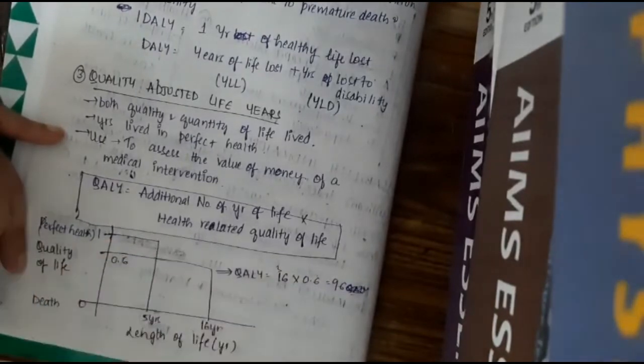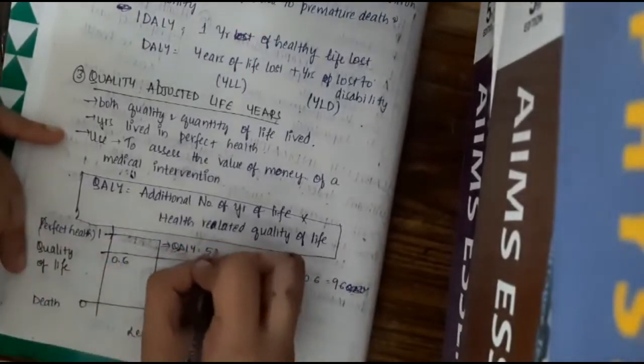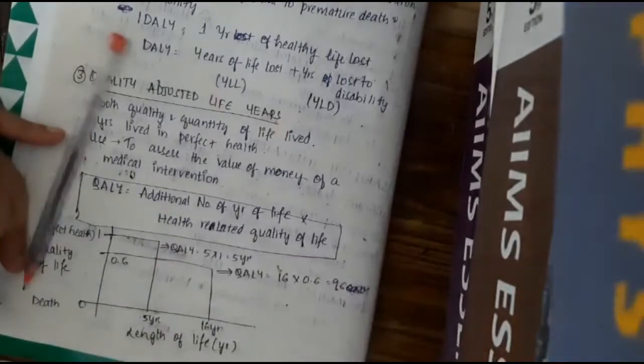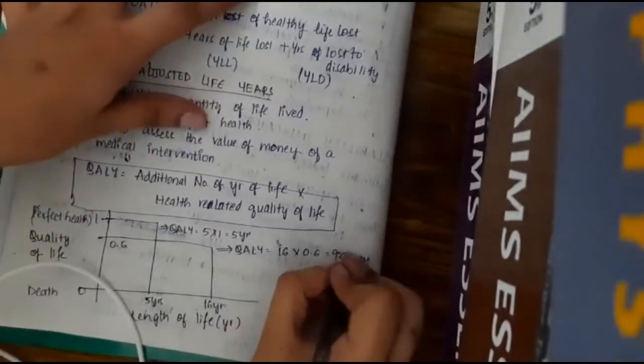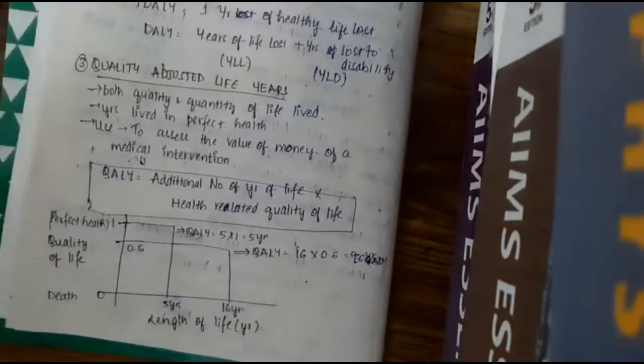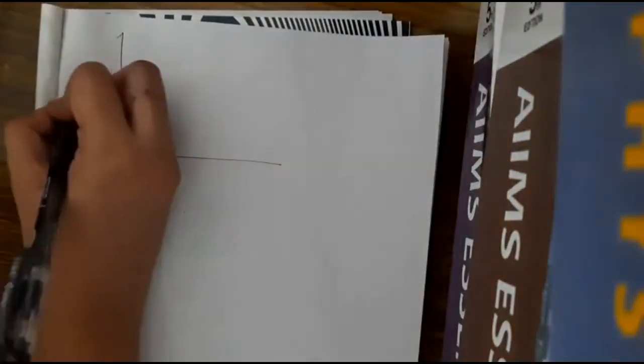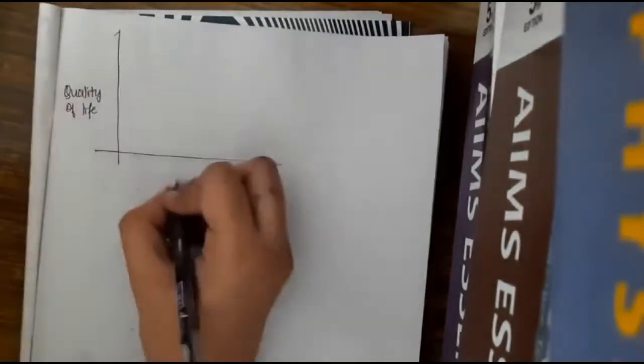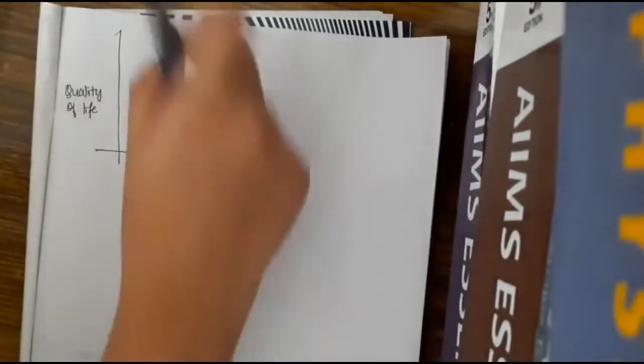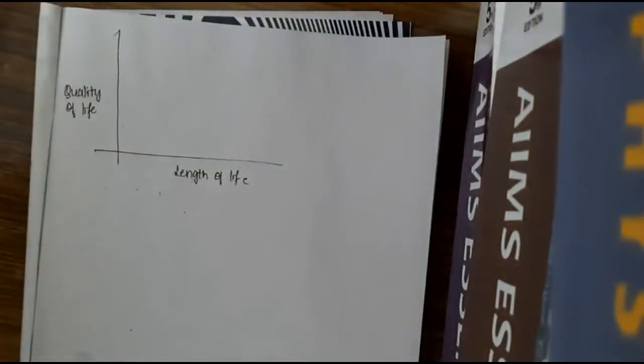If he has lived in perfect health, 1, for 5 years, then the quality adjusted life years is 5 years. So if we write one more thing, quality of life on the y axis and length of life on the x axis.